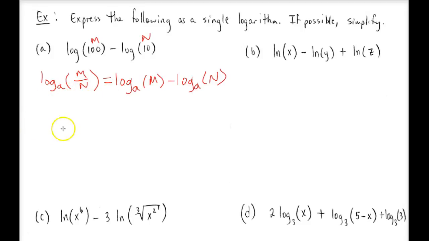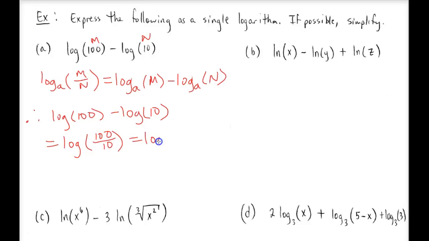In using that, we know that log of 100 minus log of 10 is going to be the same as log of 100 divided by 10, which is just log of 10. And remember that log of 10 is the same as log base 10 of 10. And from some of our earlier properties, we know that log base 10 of 10 is 1.